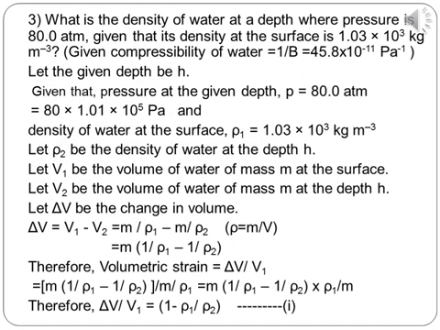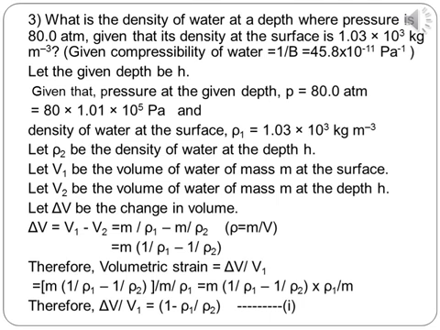Third question is, what is the density of water at a depth where pressure is 80 atmosphere, given that its density at the surface is 1.03 into 10 to the power of 3 kilogram meter raised to minus 3.